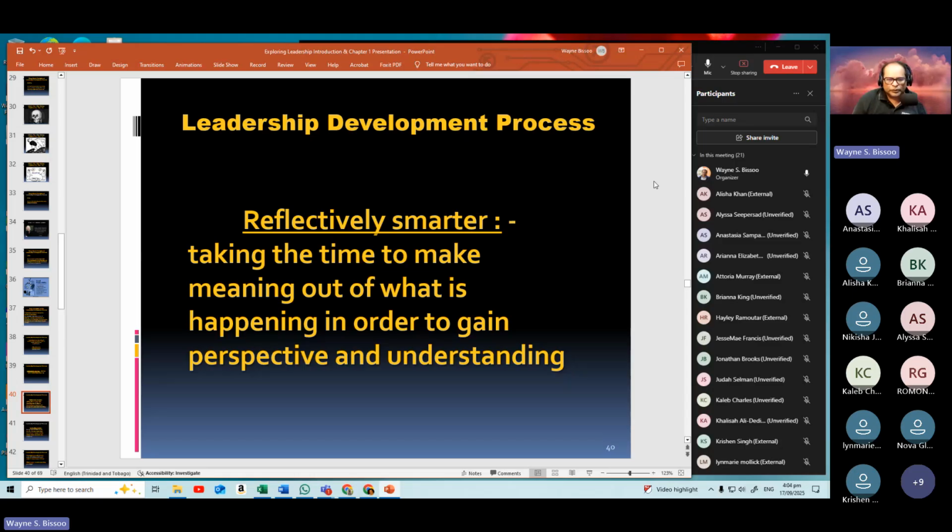The problem with being reflectively smarter is the speed at which life runs. Now, this is something that I try to put into practice when I teach, because as I get to the end of a semester, I like to reflect on what took place in the previous semester and make adjustments moving forward to make positive changes and to kind of improve things.